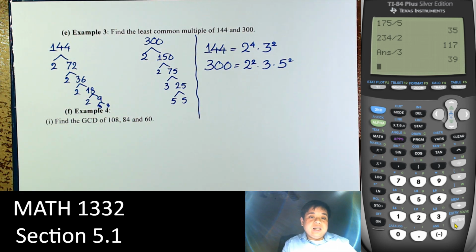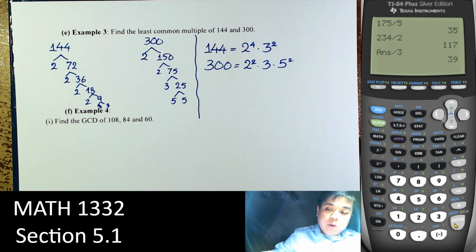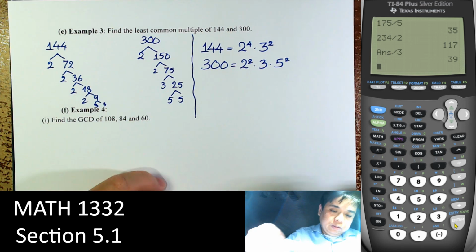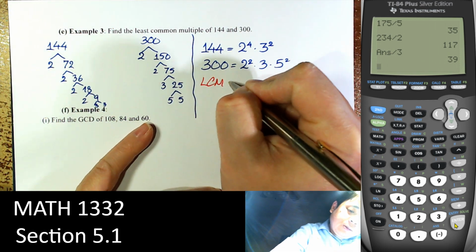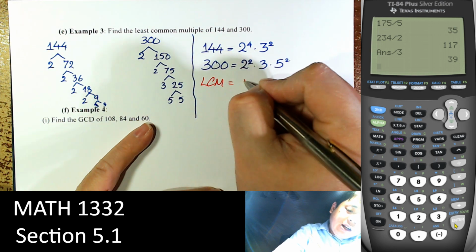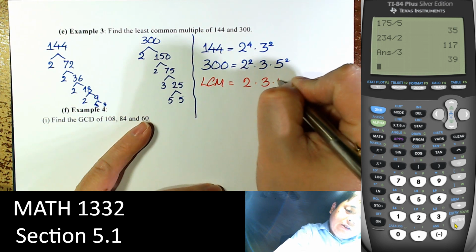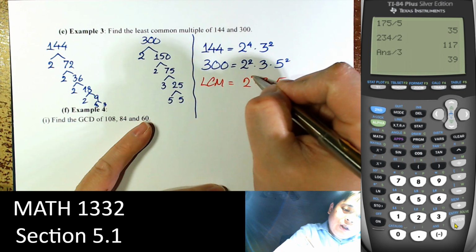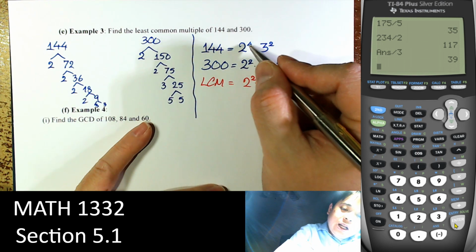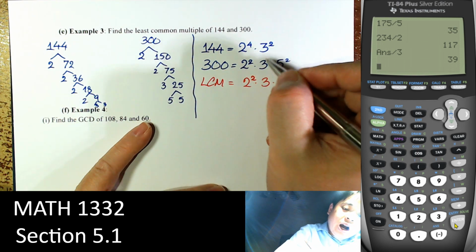So this is the least common multiple. The rule says we'll write out every factor. Here's a factor of 2, a factor of 3, and a factor of 5. Now we choose every factor but to the highest power.